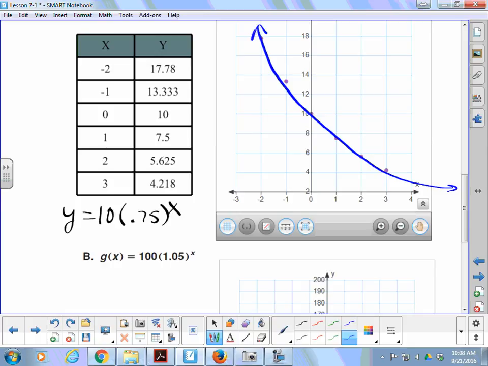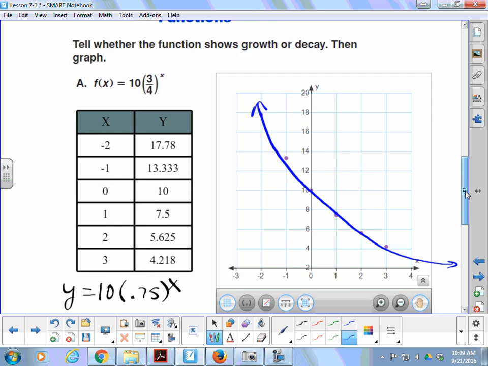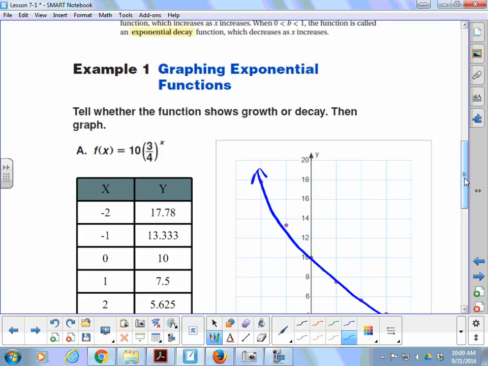Because the amount of change each time is getting less and less, it'll never actually get to be 0. If you went way down your table on your calculator, eventually it would probably say 0, but it never will actually be 0. So here we have decay because the value of b is less than 1.